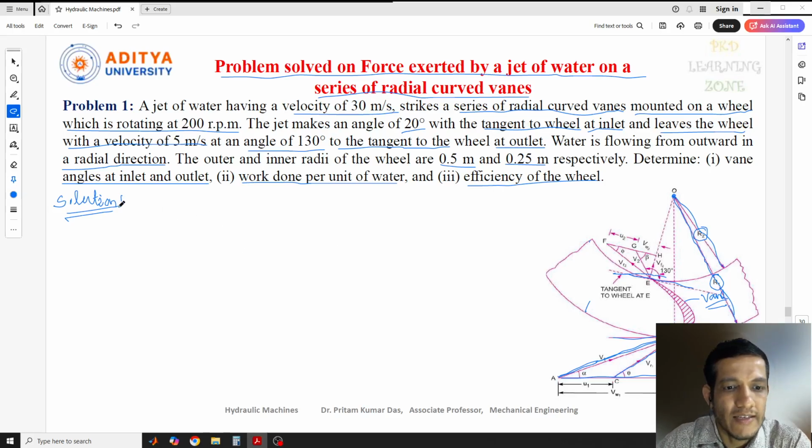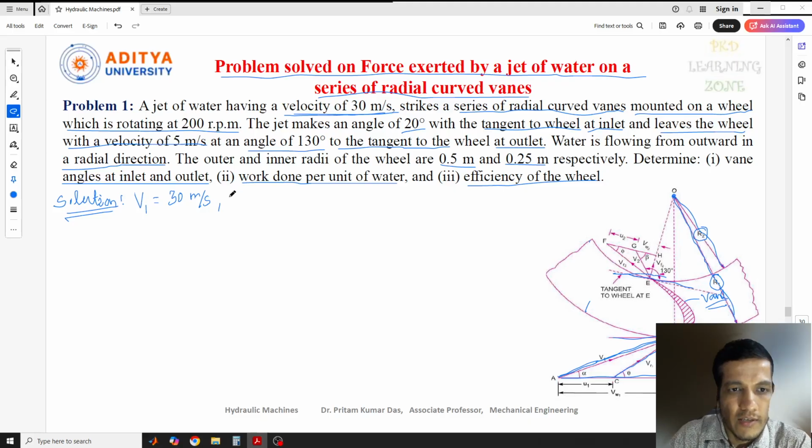Let's see what data are given here. In the first line, the velocity of the jet is given, so we can write V1 equal to 30 meter per second. The jet strikes a series of radial curved vanes mounted on a wheel which is rotating at a speed of 200 RPM.